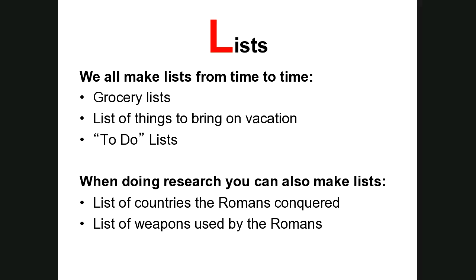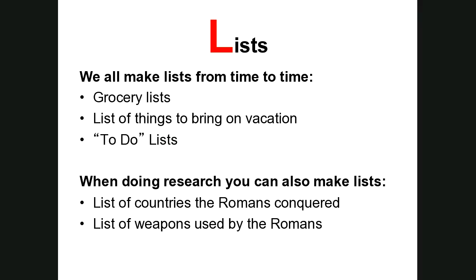When doing research, you can also make lists: a list of countries that Romans conquered, a list of weapons used by the Romans. For language arts, you could make a list of ideas for an essay, and then a list of the different works you're going to use in that essay.